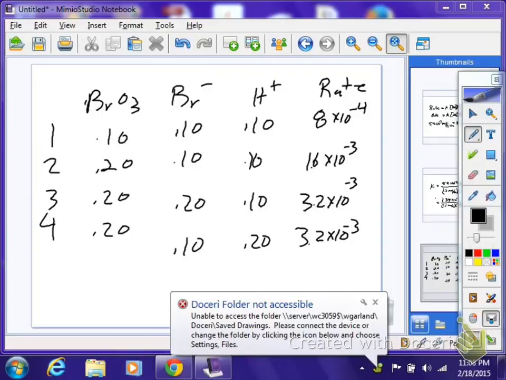Okay, we're going to try this. There are 3 different reactants, and you want to come up with the rate law. So what I want you to do is look at experiment 1 and 2, and look at the rate versus the concentration of BrO3. BrO3 doubles.